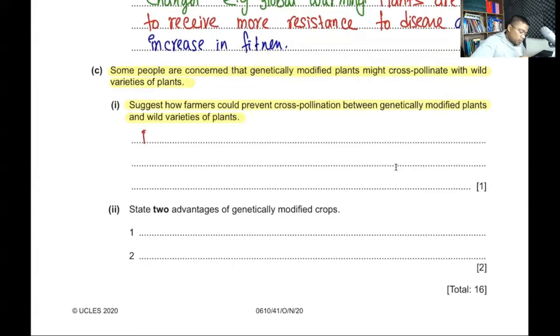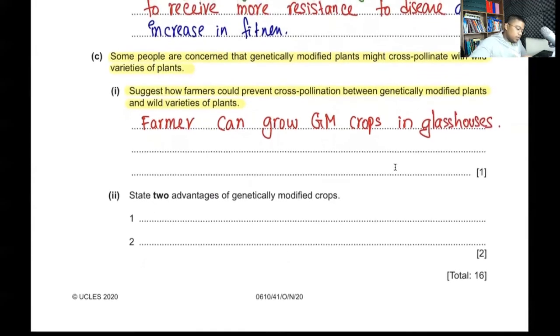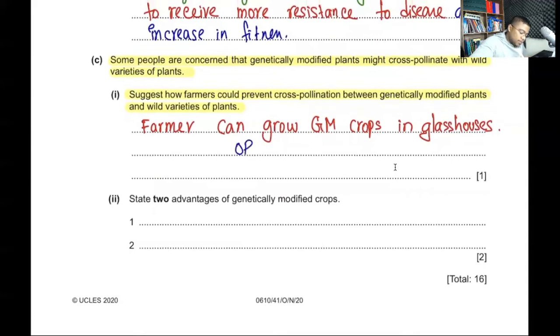Guys, farmers can grow GM crops in glass houses.